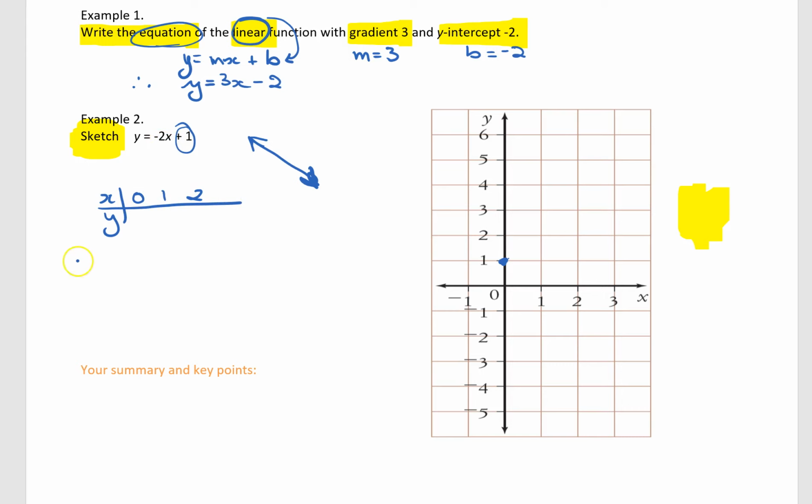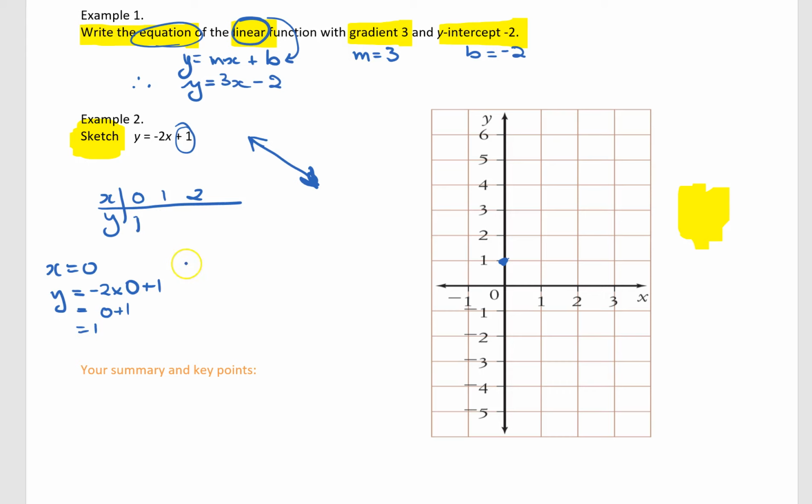When I sub X equal to 0, I'm substituting now, and we practiced these skills back in the first algebra chapter. Y is -2 times the 0, plus 1, which is anything times 0 is 0, and 0 plus 1 is 1.